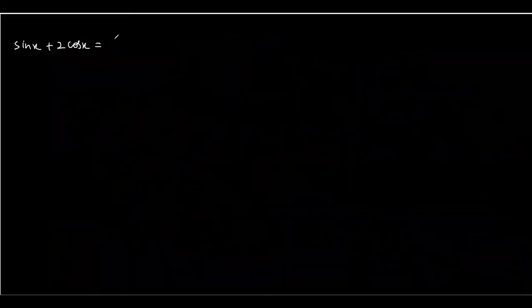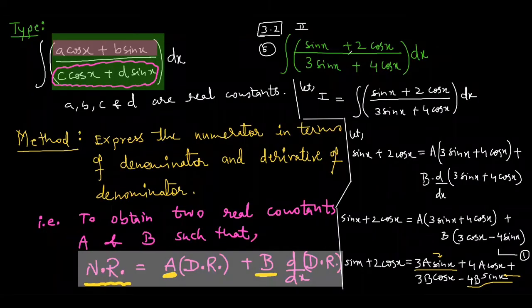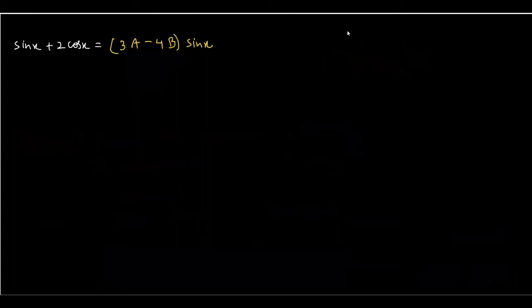So I will get (3A minus 4B) sin x. Okay. Further students, check this. Here you have cos x and here also you have cos x. Take cos x common. You will get 4A plus 3B, so you get (4A plus 3B) cos x.